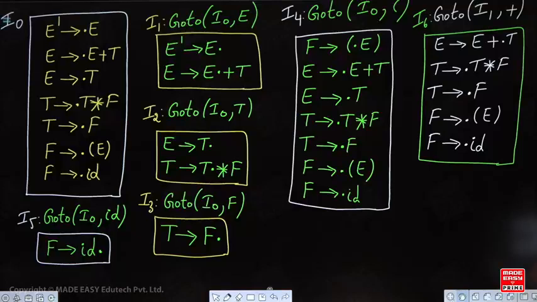Total I0 to I11. 12 states you must get. 12 states, I0 to I11.